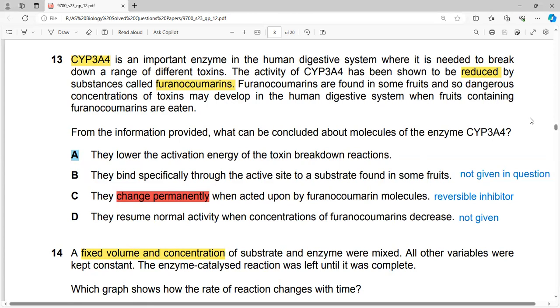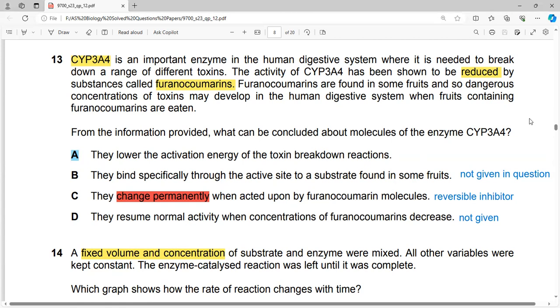CYP3A4 is an important enzyme in the human digestive system where it is needed to break down a range of different toxins. This enzyme works in detoxification, breaking down toxins in the digestive system. The activity of CYP3A4 has been shown to reduce a substance called furanocoumarin. This furanocoumarin is found in some fruits, and a dangerous concentration of the toxin may develop in the human digestive system when fruits containing furanocoumarin are eaten.